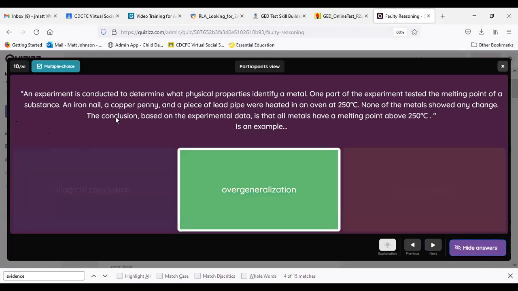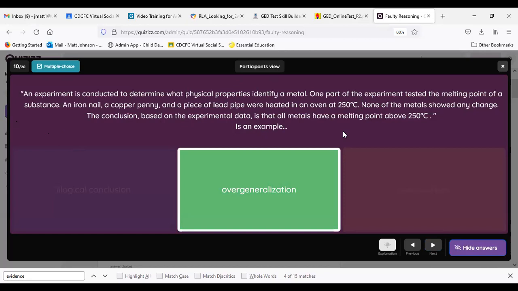Right. So we tested some iron, some copper, and lead, and none of them melted at 250 degrees Celsius, which is not that high, right? I mean, we cook at 250 Celsius. Yeah, that is pretty high, but still, none of the metals melted or showed any change. So all, right, remember, all, never, ever. If you come across that term, you might be dealing with an over or hasty generalization. All metals have a melting point above 250 degrees.